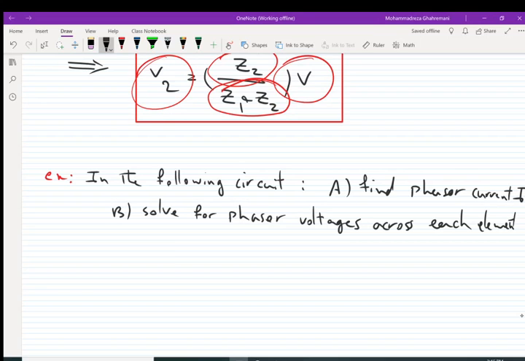And part C, find the waveforms corresponding to the phasors.